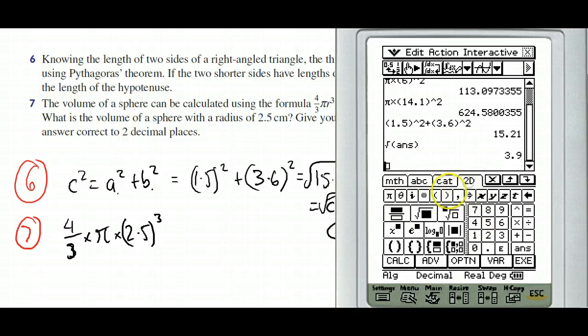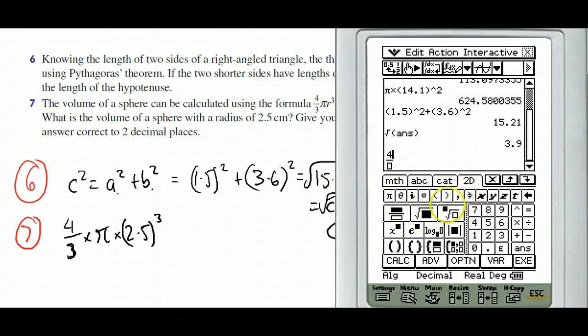So we've got 4 over 3, and that's being multiplied by pi, and then that's being multiplied by 2.5 in brackets, and it's being cubed. So to cube something, we put this here in. There we go.